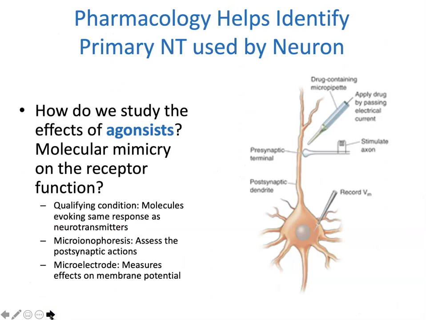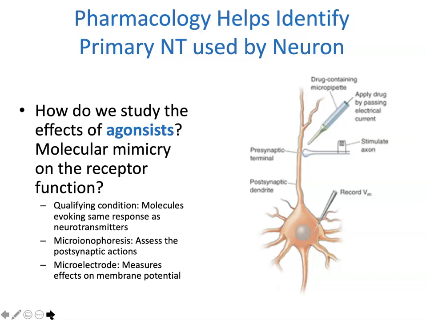Okay, so there was a lot on that slide, but basically I keep using these terms agonist and antagonist. This is my one slide to make sure you know that a lot of our understanding of which neurotransmitters are used in specific brain regions or different regions of the body comes from these pharmacological studies.